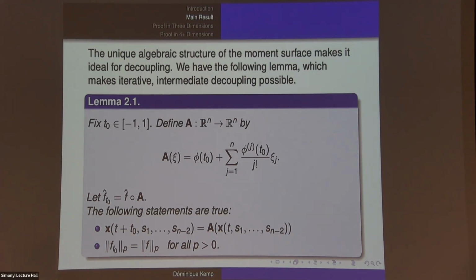Let's examine the content. So we have some map A, some affine linear map. Interestingly enough, it actually looks pretty similar to the Taylor series formula. But remember that these v_j's are vectors.